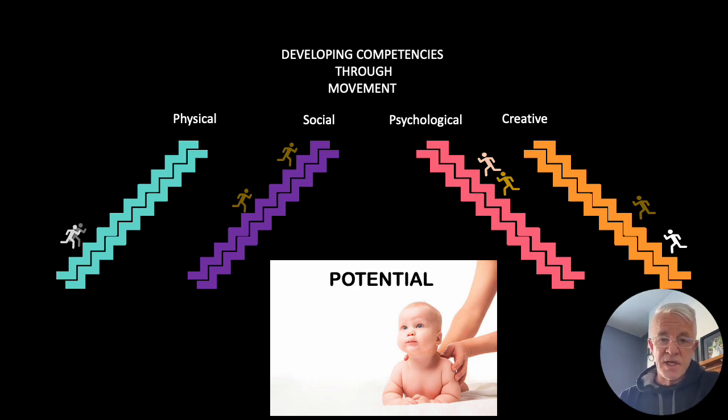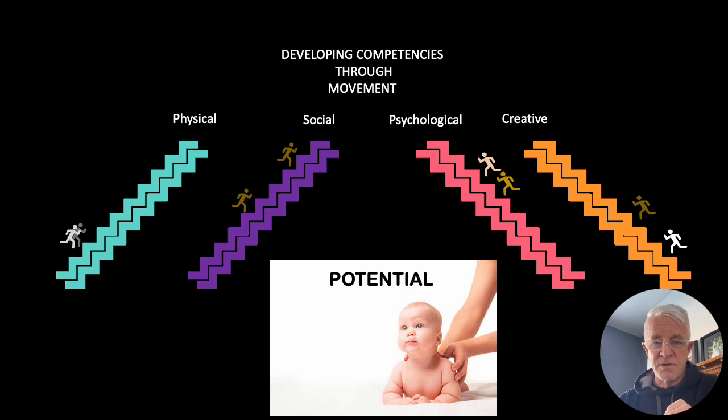So in physical literacy, we take it pretty seriously that we're not just talking about physical competence development, like basic movement skills. That is part of the equation. But when you move in society, you can develop social competencies, the ability to negotiate with each other, etc. You can develop psychological competencies like regulating your behavior while you're working with other people, and you can develop problem solving and decision making capacities or creative capacities.